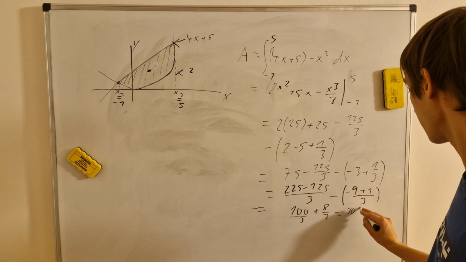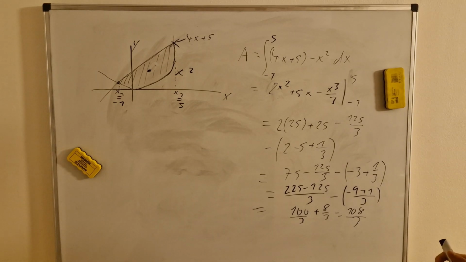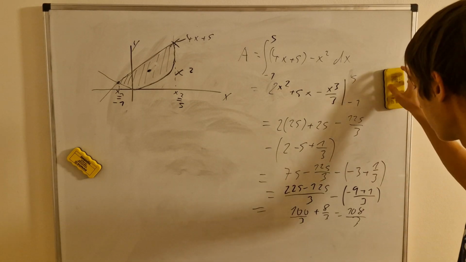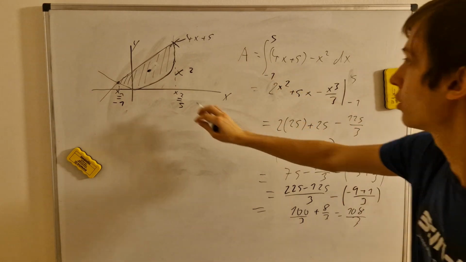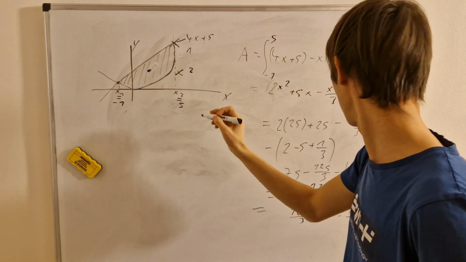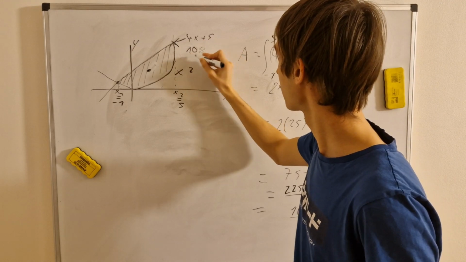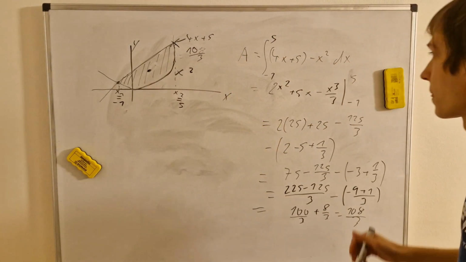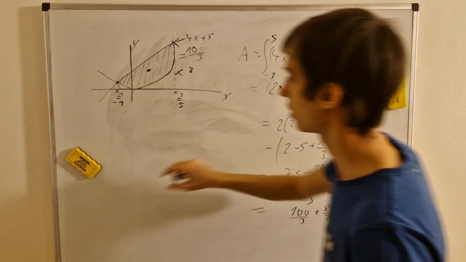So it's 108 over 3. That's interesting. Partially it is minus 9 plus 1, so minus 8, and this one we make positive. Okay, so the area is 108 over 3. This figure will be needed because we'll be using it onwards.